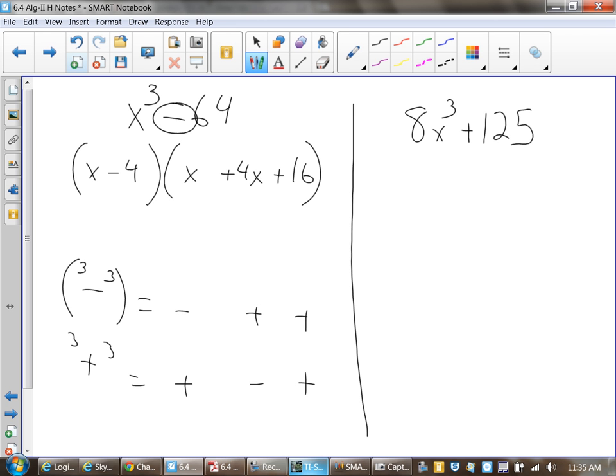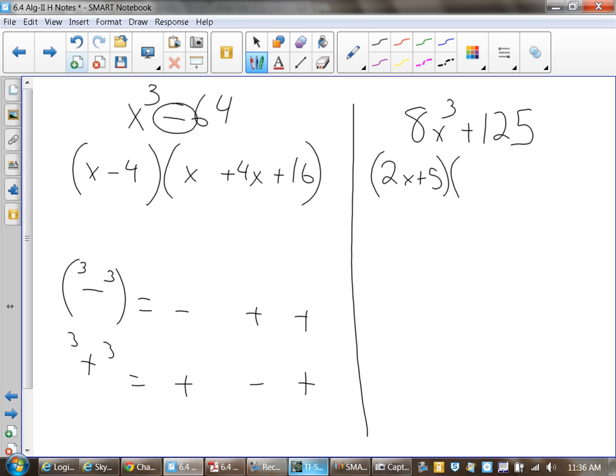Oops, sorry, I messed up right there. Is 8x cubed a perfect cube? Yes, because 8 is a perfect cube, right? And x cubed is a perfect cube. What's the cube root of 8x cubed? 2x. What's the cube root of 125? 5. So this would be 2x plus 5.